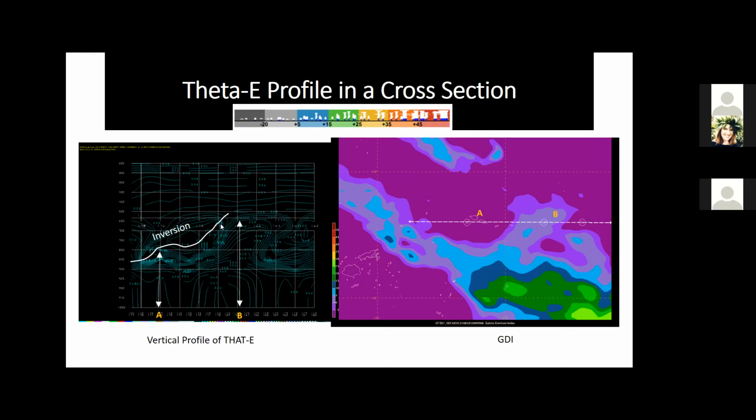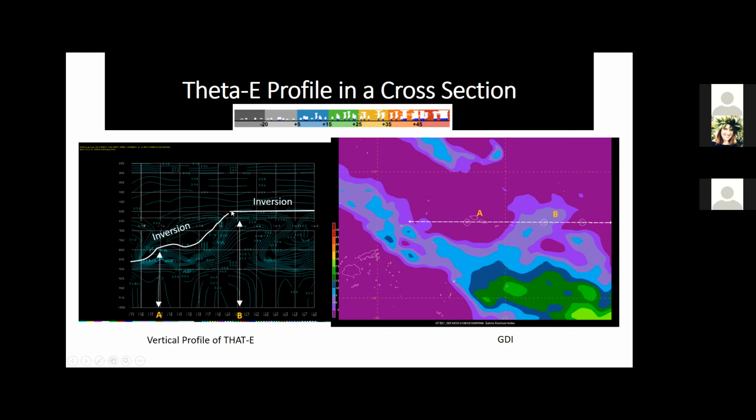Looking at another point where the GDI shows a little bit of convective instability, on the profile we can see that the temperature drops from 364 degrees at the surface down to about 338, maybe 320 degrees at 650. So this is an area of deeper convective instability than what we saw before.